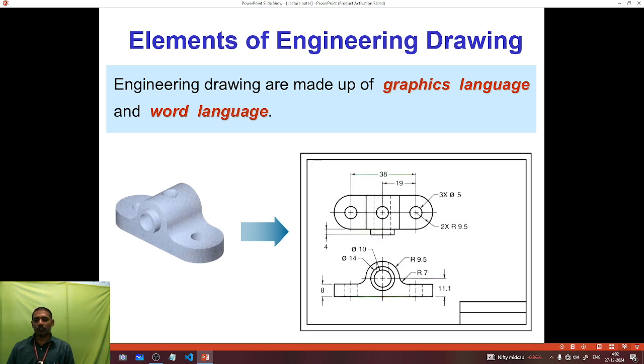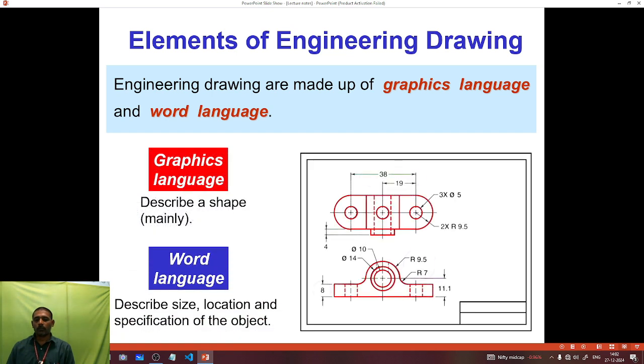See the image. The red color indication is the graphic language, and the blue, which I have rounded, is the word language. The graphic language is the circle, triangle, square, rectangle. All these things come under graphic language.